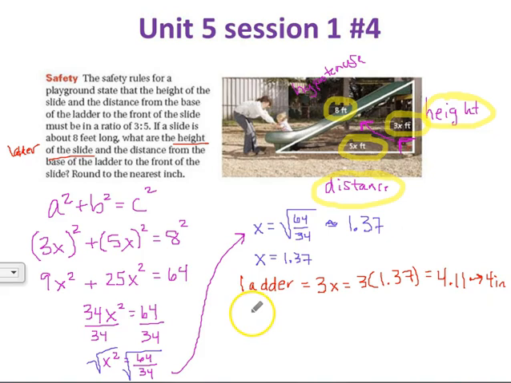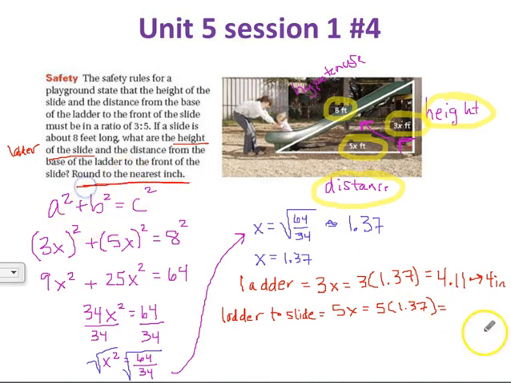That's the nearest inch. And then the distance from the front of the ladder to the slide, that distance is equal to 5 times x. We know x is 1.37, so we're going to multiply 5 times 1.37. And again, it asks us to round to the nearest inch.